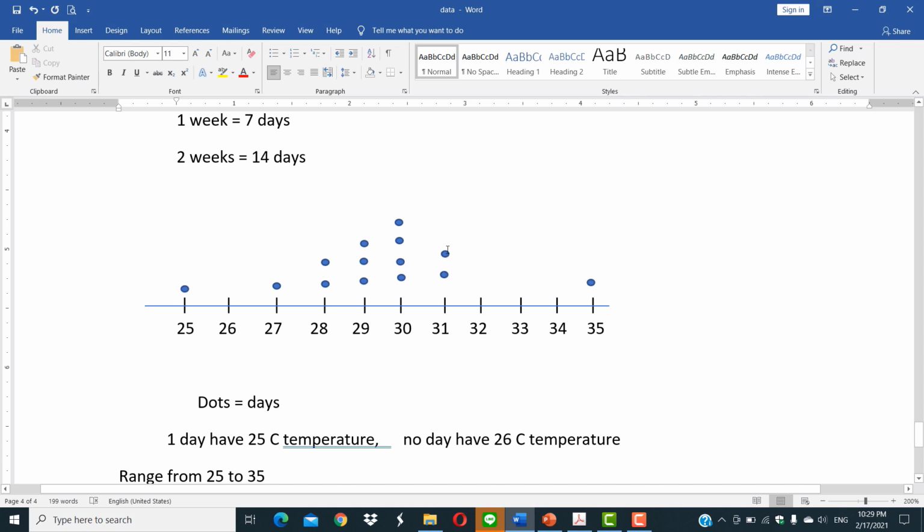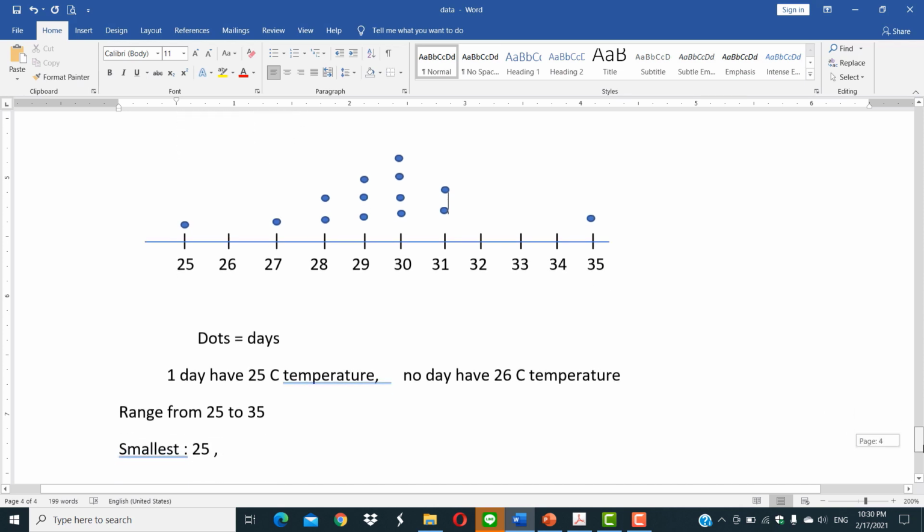Here 2 days had 31 degree centigrade temperature. For 32, 33, 34, no day had those temperatures. 35 only 1, so 1 day had 35 degree centigrade temperature.